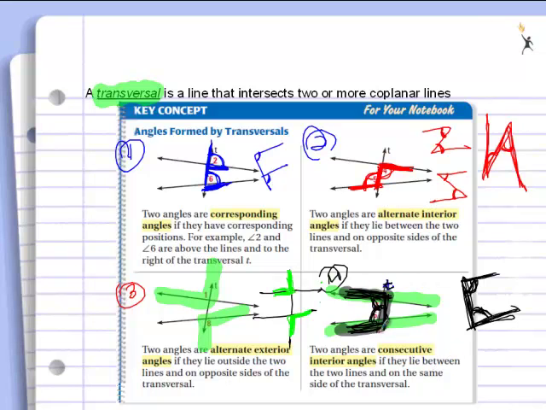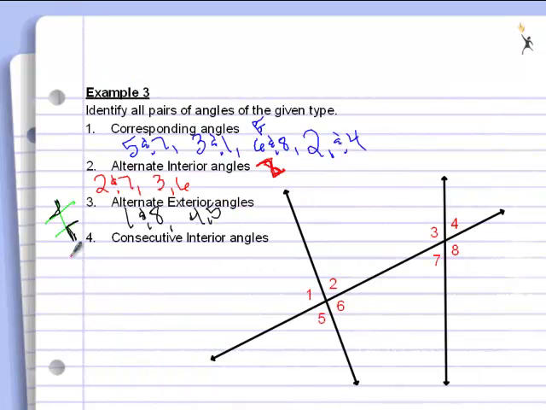Consecutive interior forms a C. They are on the same side of the transversal, and they're both on the inside of our two lines. So they form a C. Let me go back. And I'm looking for angles that look like this. They don't have to be pink or fuchsia or whatever you want to call that color, but they do form a C.